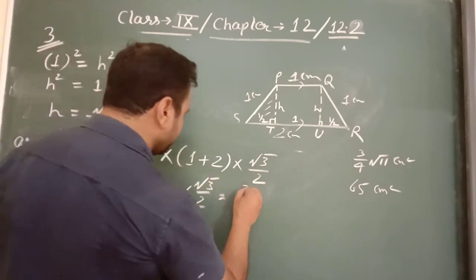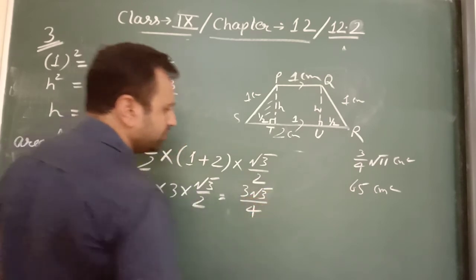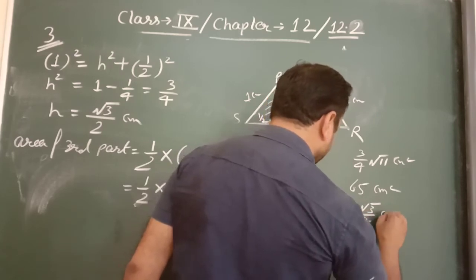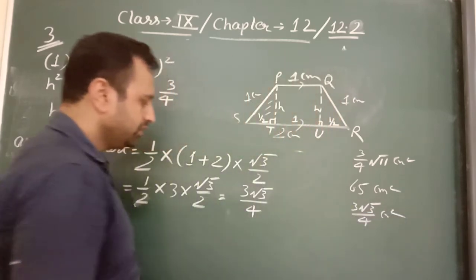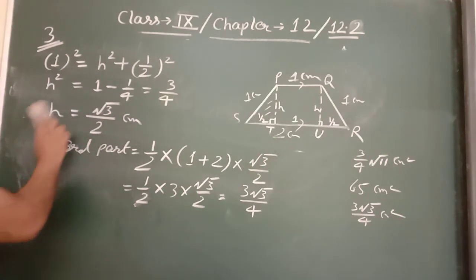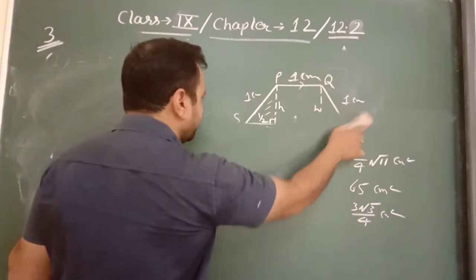So the value is 3 under root 3/4. So it is the area of third part. I hope you understood.